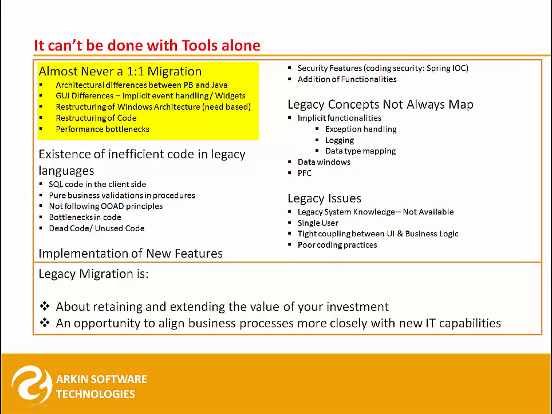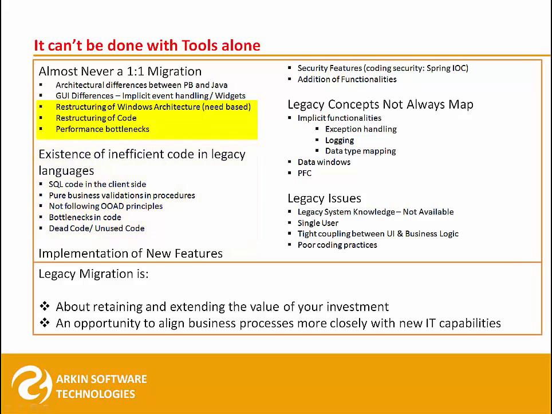The reasons are many. Mainly, the way technology works on legacy and Java is very different, with implicit functionality like event handling and widgets. Non-conformance with OOAD principles, bottlenecks in code, unused and dead code to be eliminated, and SQL code on the client side are some of the issues which do not lend themselves to a complete automated migration.